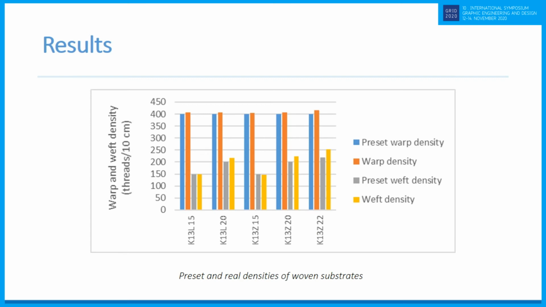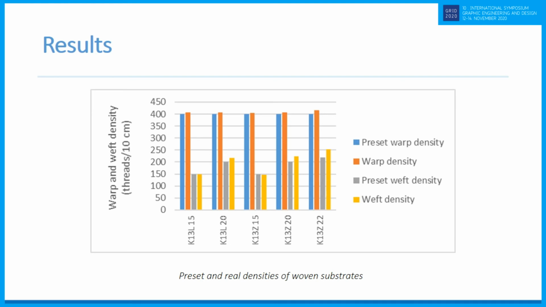In all cases, the measured warp density increased compared to the preset on-loom value, most pronounced for the fabric K13Z22 by 3.75%. The measured weft densities for the fabrics with the preset on-loom weft density 15 px per centimeter stayed the same or decreased slightly, while the measured weft densities increased for the fabrics with 20 or 22 px per centimeter preset weft density.